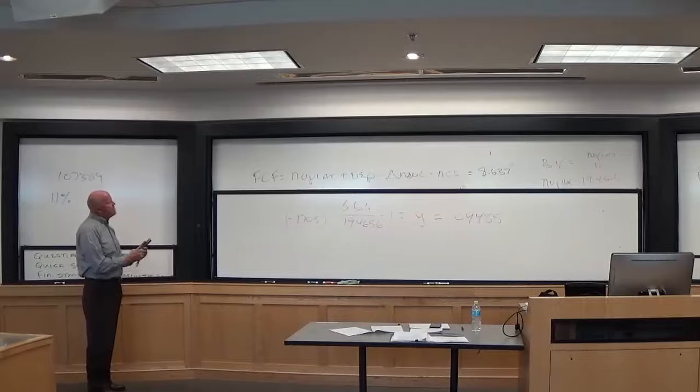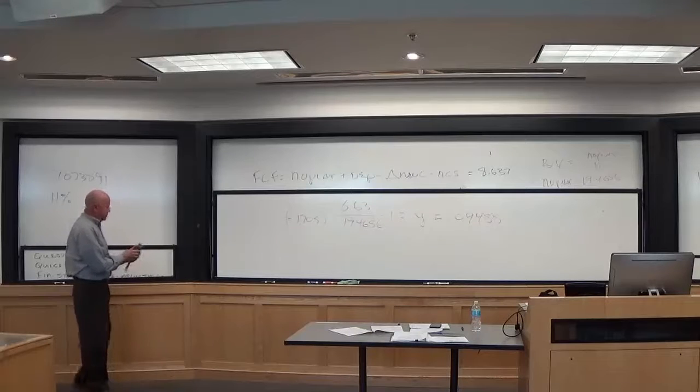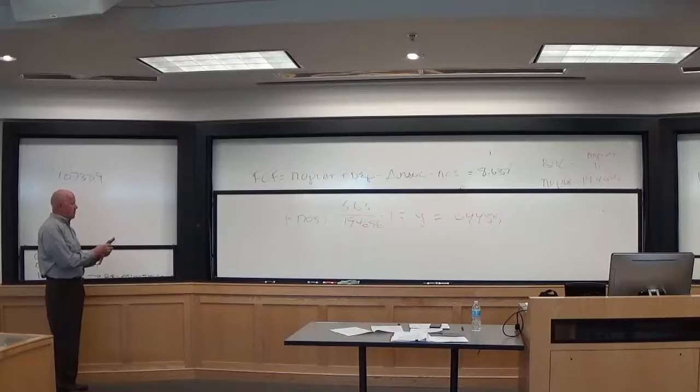I think I got a different number. That's right. I got 0.09491. That's what I got too. Okay. But maybe that's because we're doing different decimals. Divided by 19.4656, times 0.1705, change the sign, minus 1.